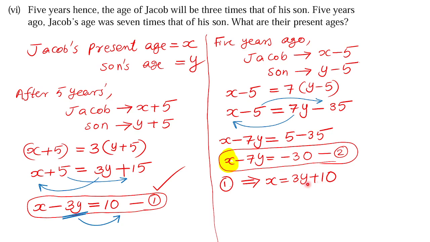In the second equation, x is 3y plus 10. Minus 7y is there, and right side is minus 30.